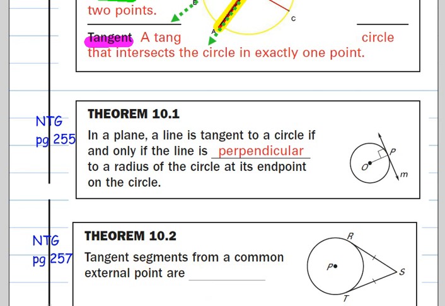And then if 2 tangent lines intersect outside the circle, then the distance from the external point S to the point where it is tangent on the circle is the same as the distance from the external point to the tangent point on the other side. So these two are the same length.